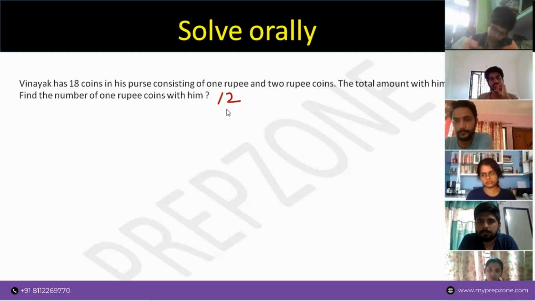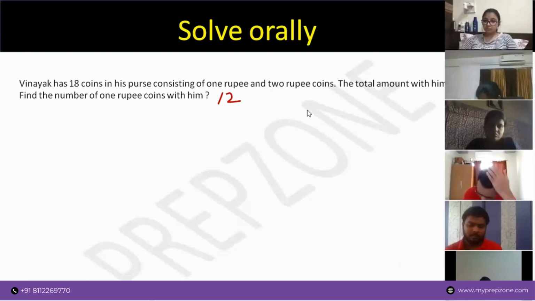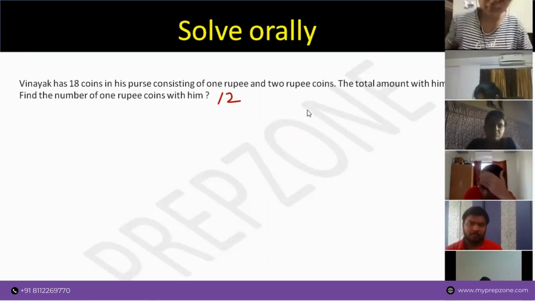Naman, is this clear? This oral method that I have mentioned? Okay. Yes, sir. Okay. Can anyone tell me what was this method? Anyone who wants to be confident of their knowledge and just revise what I've just said on how to solve this question without equation.